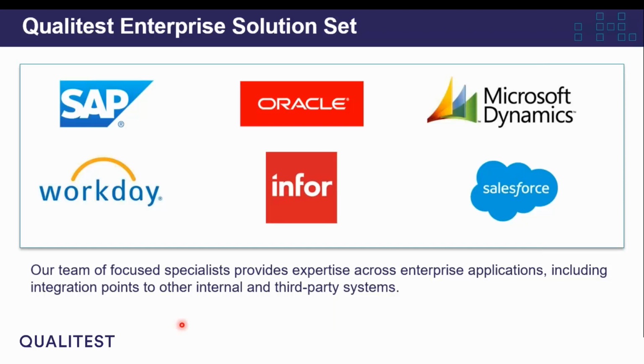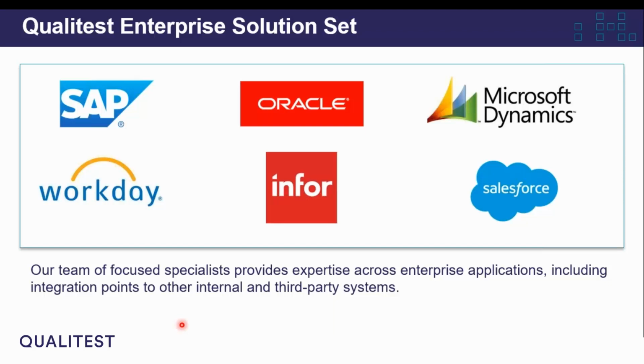As I mentioned a few seconds ago, within Qualitas we have a dedicated practice focused on enterprise. What this means is we have teams of specialists that focus on areas such as SAP, Oracle, and some of the other items that you see on the screen. The reason we have specialisms is because we carry slightly different skill sets, primarily around business process expertise.